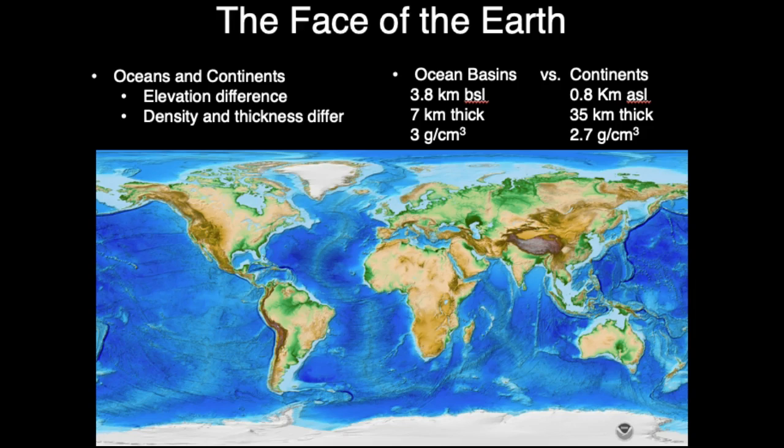The continental crust itself has an average thickness of 35 kilometers, but I have told you before in the past few slides that it does reach up to 70 kilometers in certain areas where you have high mountains. And the average density of the continental crust is only 2.7 grams per centimeter cubed, so it's definitely a little bit less dense than the oceanic crust.